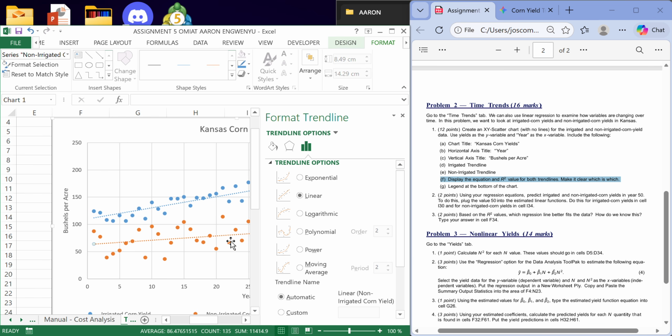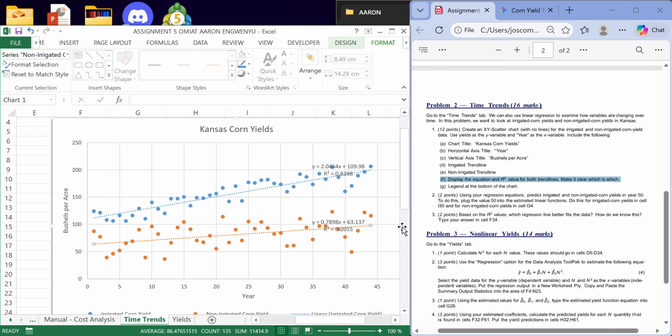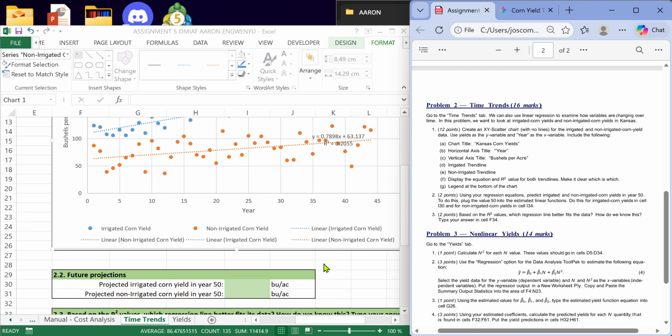They're telling us to make it clear which is which. I think it's very clear since the specific ones are next to each other. Legend at the bottom of the chart. I think I've covered that. Oh, yeah.